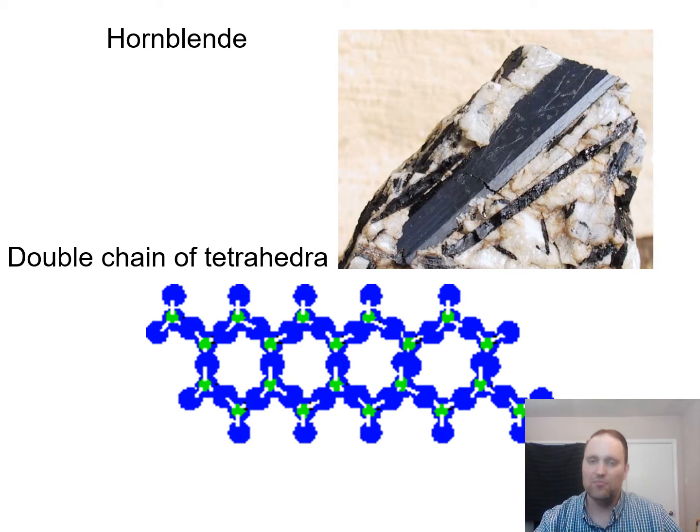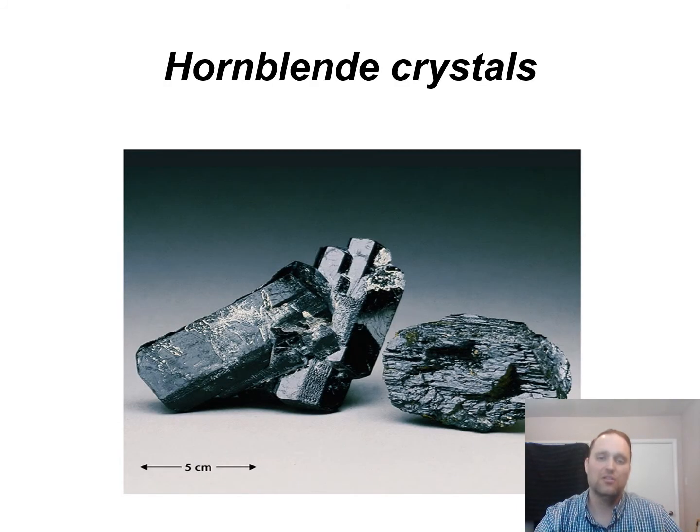You start to get more and more complex arrangements. So you go from isolated to single chain to double chain, and then you can go from the double chain to sheets. But first, looking at a couple of examples, here are some nice hornblende crystals. Again, this is in the amphibole group, so the ones that have the double chains.